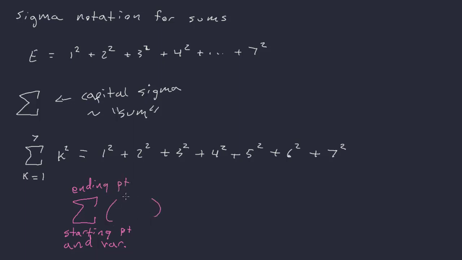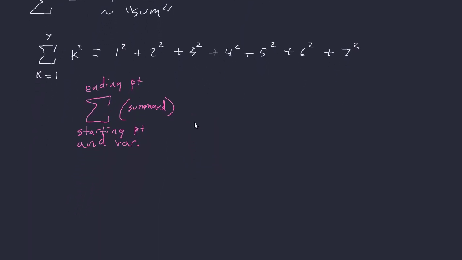And in here is what we will sum. This is often called a summand, which I always have trouble saying, but it's kind of like an integrand. And that's essentially how this notation works. It tells you how we are going to sum things up.